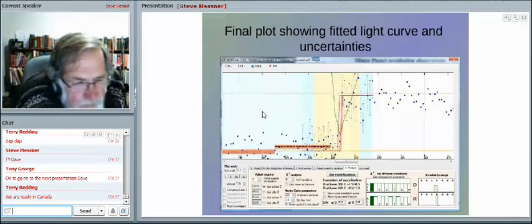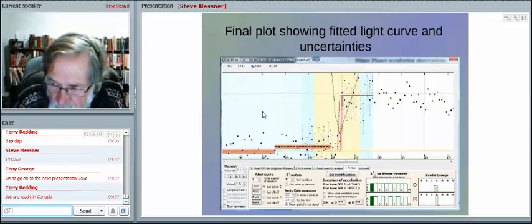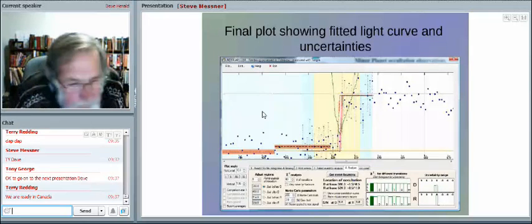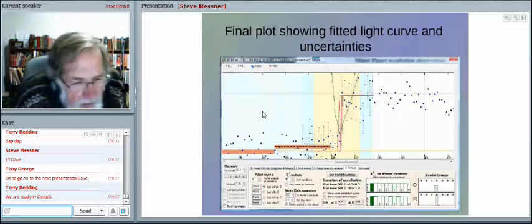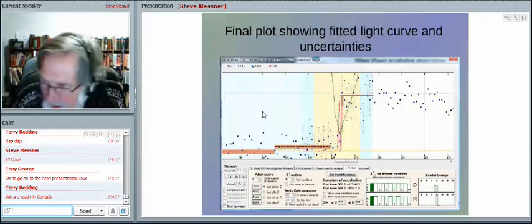At the bottom center of the plot is where the solution is provided. And then at the bottom right, there are two graph areas. One shows the chi-squared values, or the quality of the fit for different slopes of the transitions.